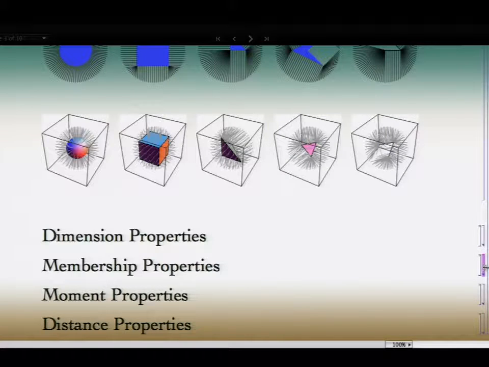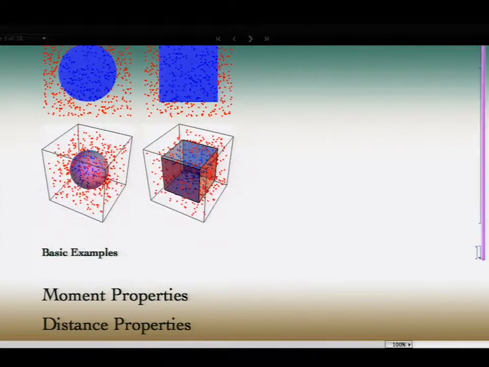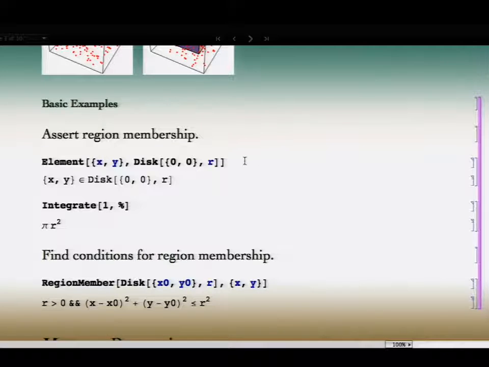Another important thing, we've already seen element being used a great deal to assert that a point is in a region, but we also need to have point in polygon tests, point in region tests. So normally, just like with the function Nearest in Mathematica, if you just call it on a region, you will get a function that you can execute repeatedly. You know, you're going to do tens of thousands of these calls. So element means asserting, and we can use it to integrate.